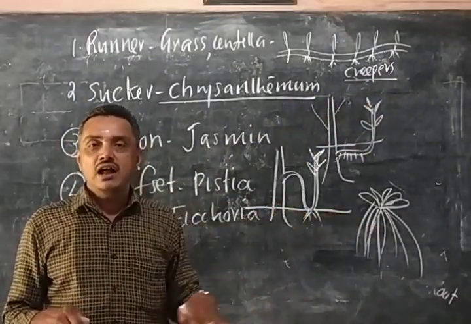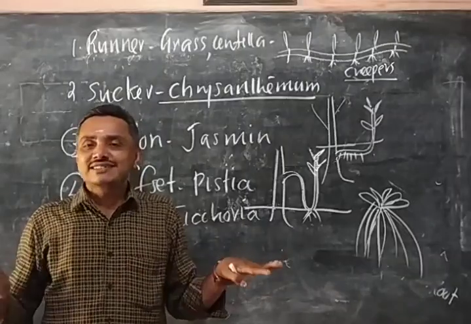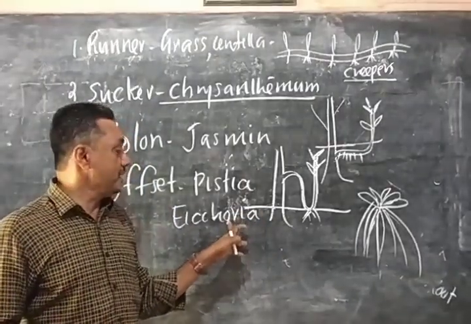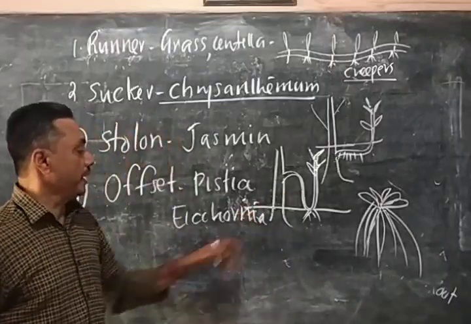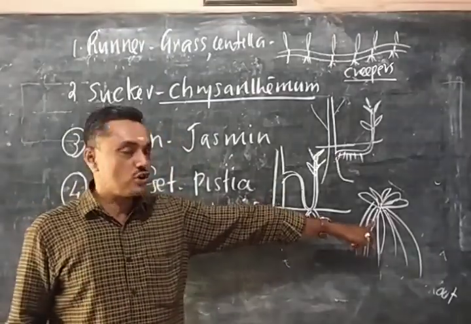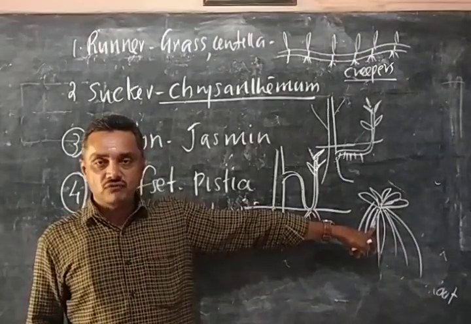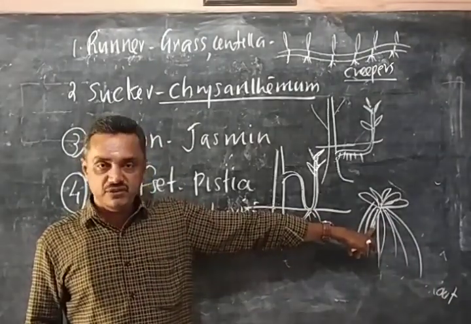In such areas, a complete pond is occupied by the Eichhornia plant. It's a water pollutant. Pistia is a common plant in our surroundings; a well or pond contains this kind of Pistia.